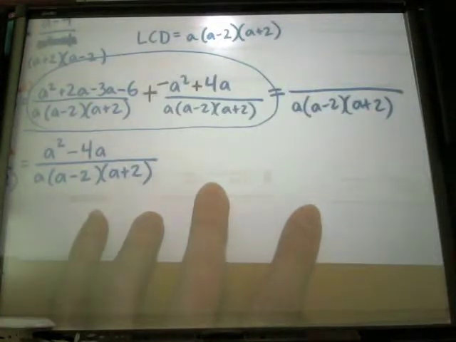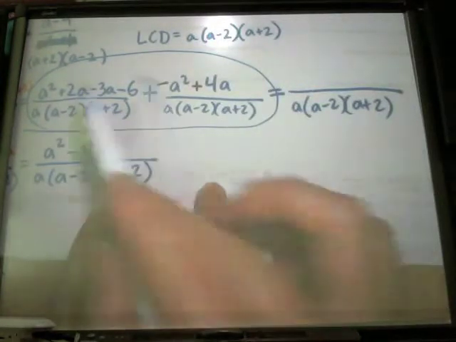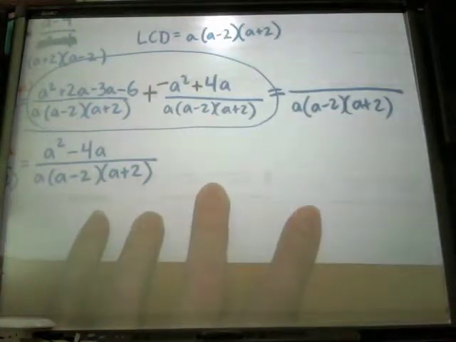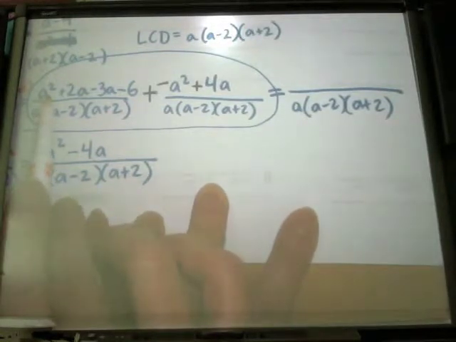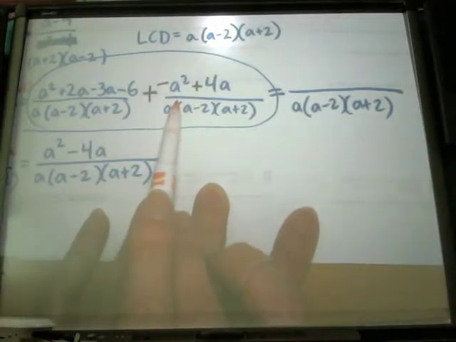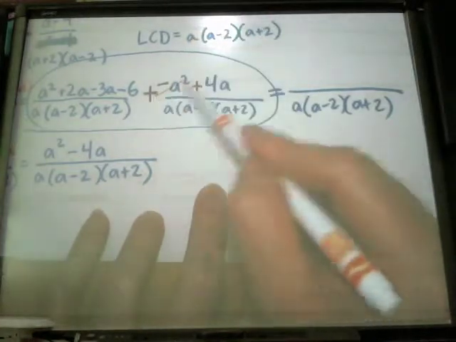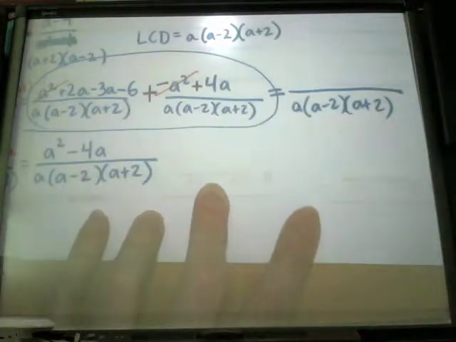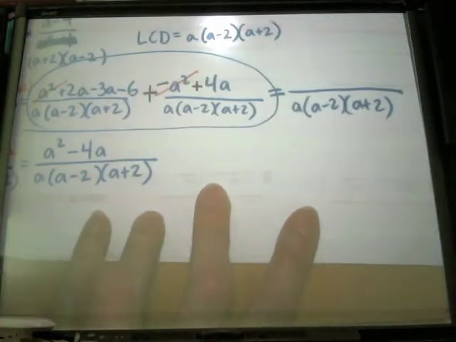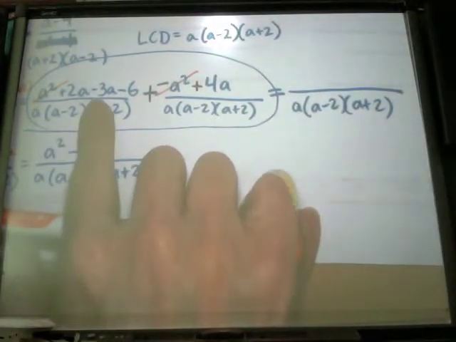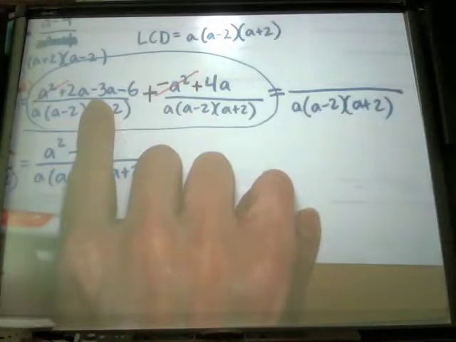Rather than just rewriting this all together, let's look at it and see if we can combine our like terms right here. A squared minus a squared, gone. Now I've got a couple plain a's. 2a minus 3a makes negative 1a, right?